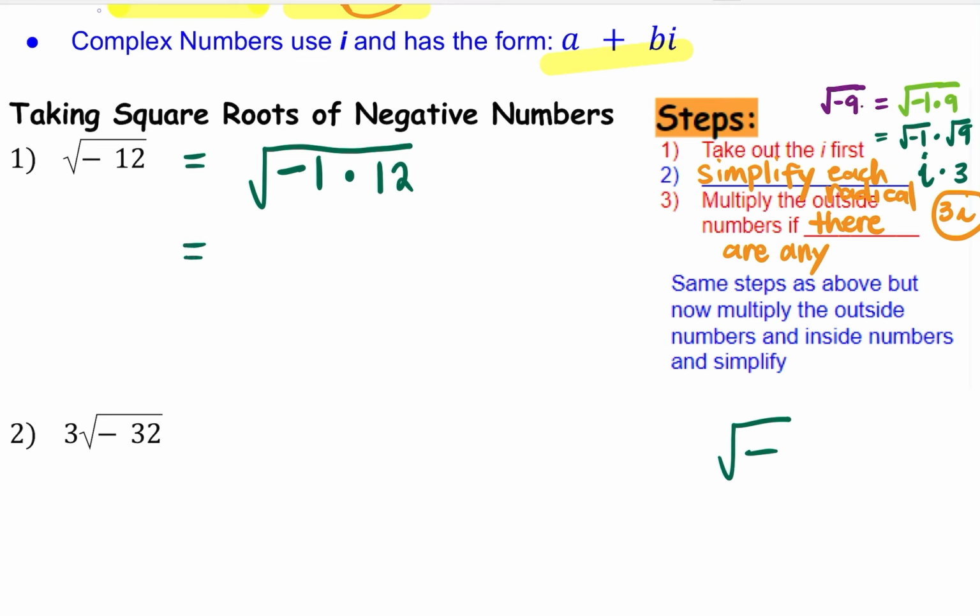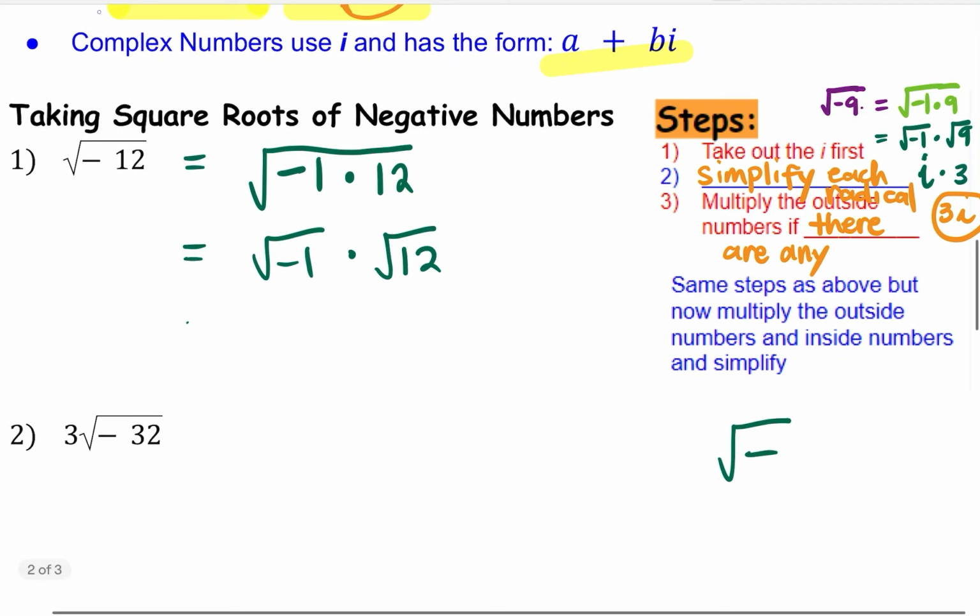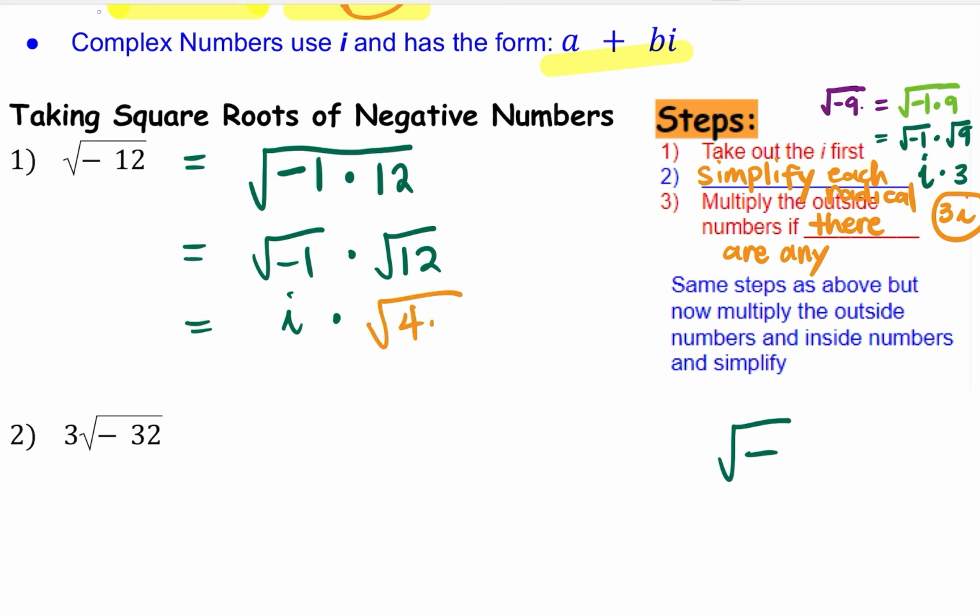So now we can split, or you can just write the square root of -1 times 12, and the square root of -1 is equal to i, and then we split 12, and 12 can be split into 4 times 3.